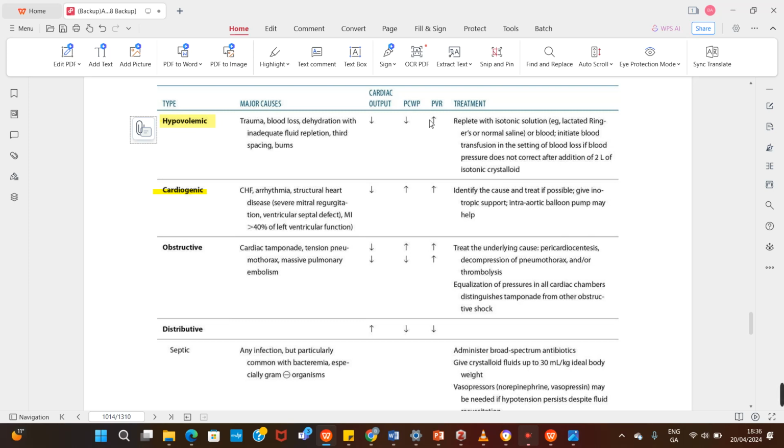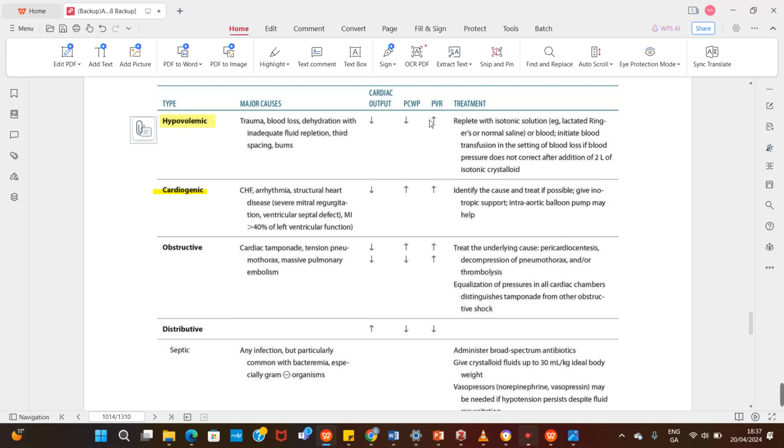People with third space loss. For example, an individual with intestinal obstruction, you can have a lot of fluid pooling upwards or just proximal to that obstructed region. A lot of fluid secretions and the likes. That's a form of third space loss.